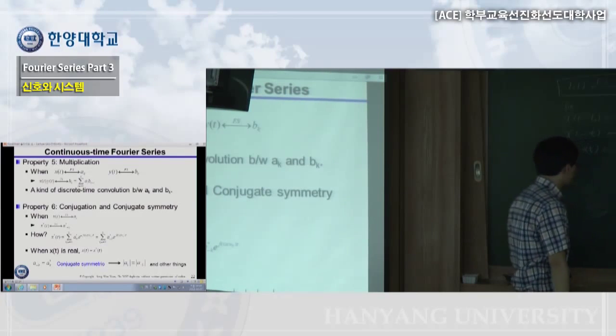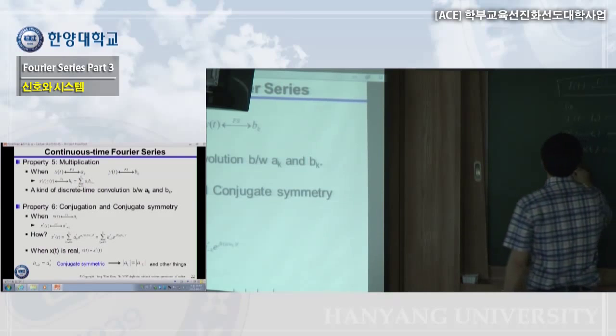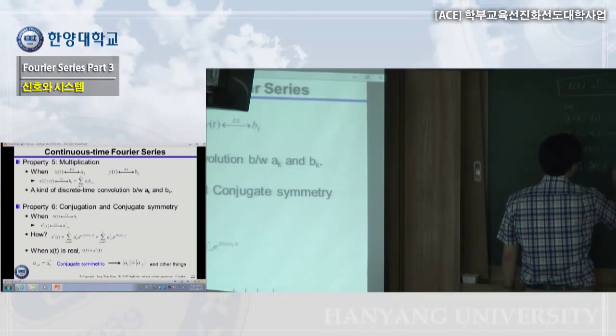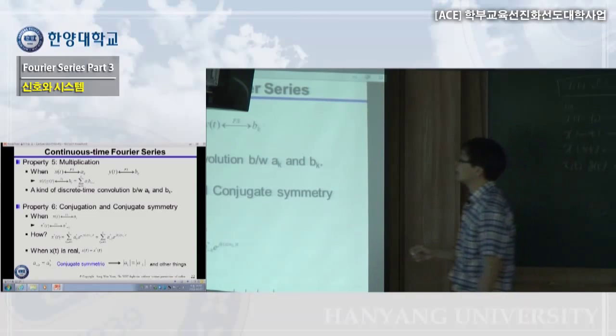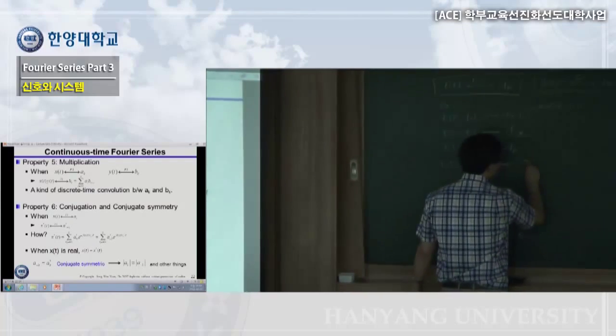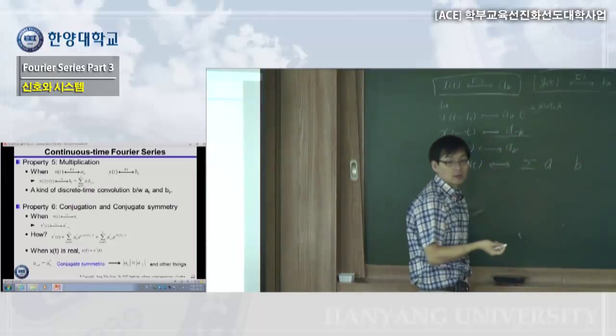This is very similar to that relationship. If you have x of t times y of t, what will be their Fourier series? Then they will be similar to the convolution, sigma of ak bk. What's the convolution?